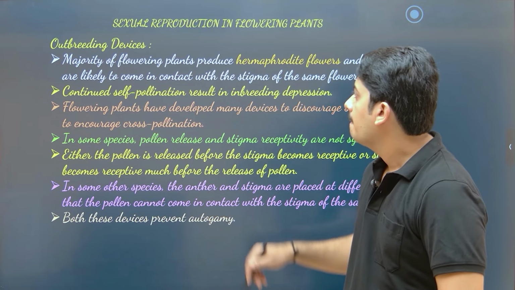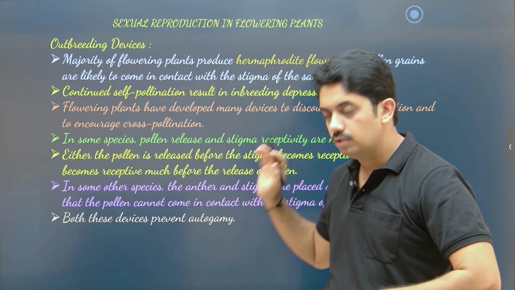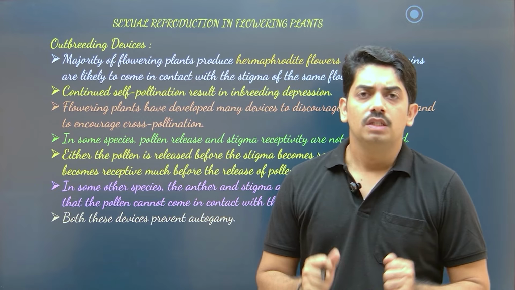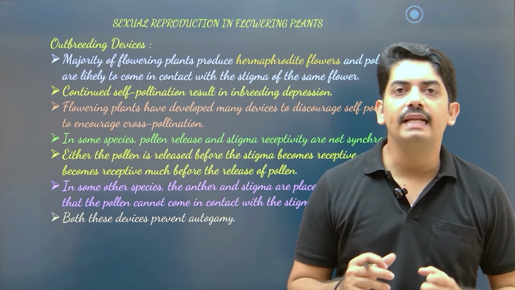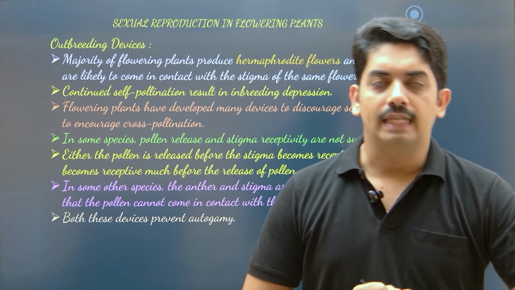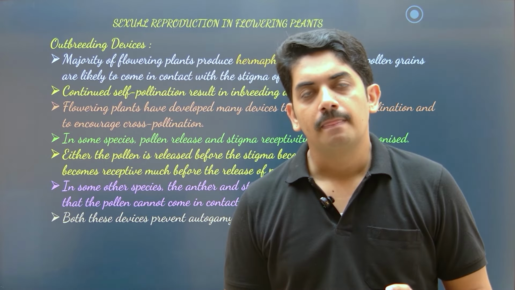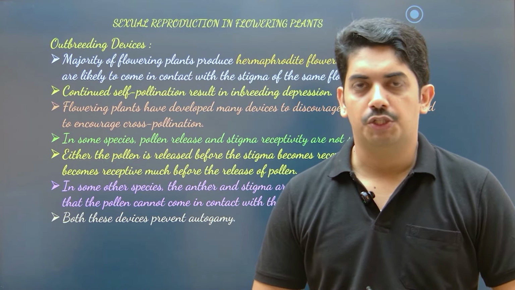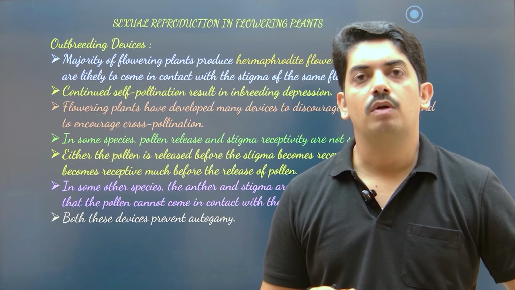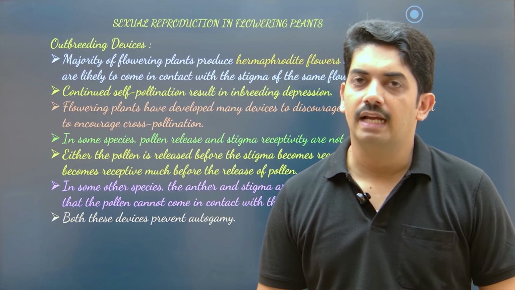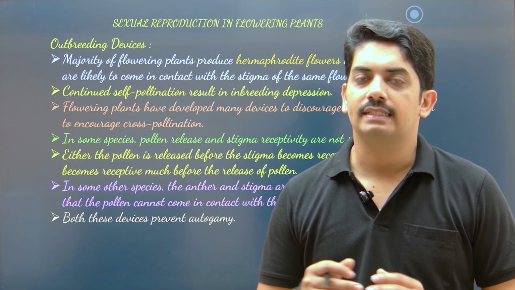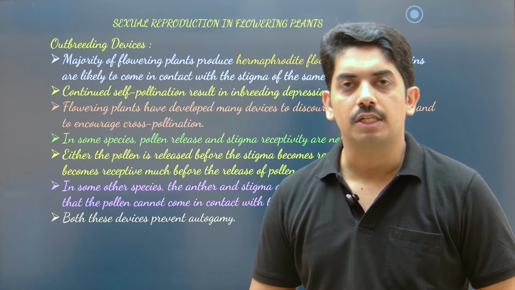Remember, okay. Then outbreeding devices. This is again a very, very important concept. What is outbreeding device actually? See, most of the plants they show self-pollination, because self-pollination assures that fertilization takes place and plant can produce the seed, and seed will germinate and produces the next generation.